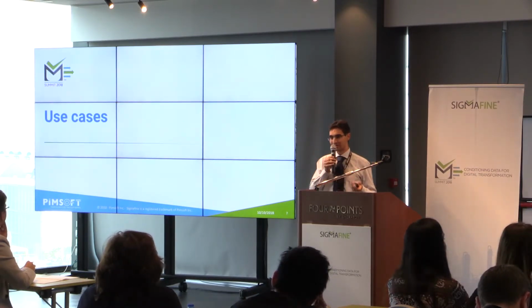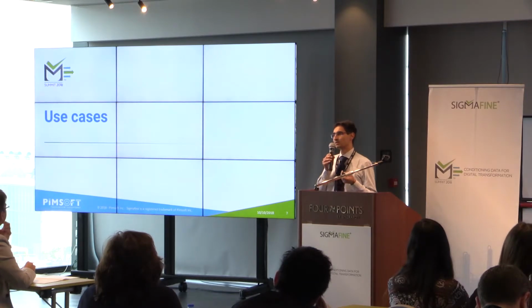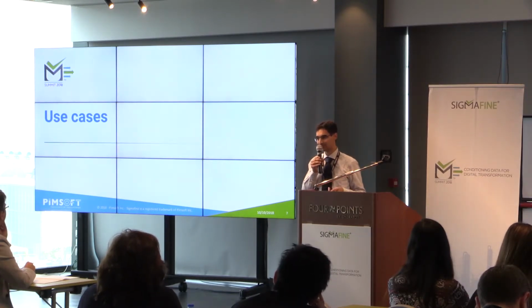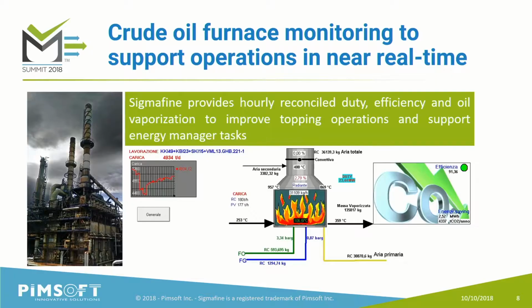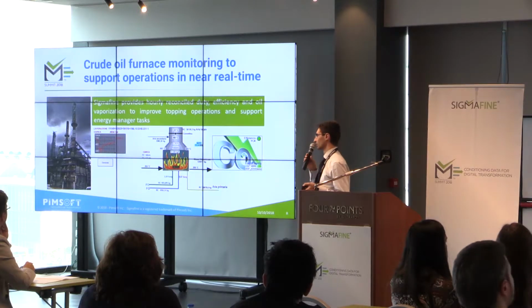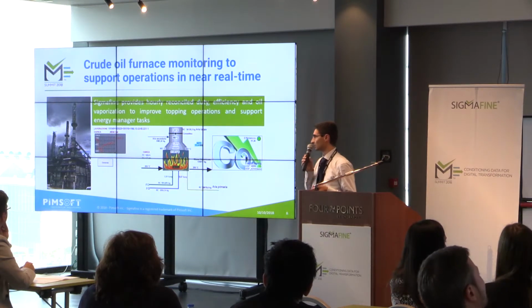So coming to some real use cases where we already implemented some automation of Sigmafine. Two of them have already been touched on a bit. One was covered in more detail by Elena's presentation this morning about this furnace. At the bottom of the energy calculation, there was an automatic engine allowing hourly mass and energy balance reconciliation of this equipment.